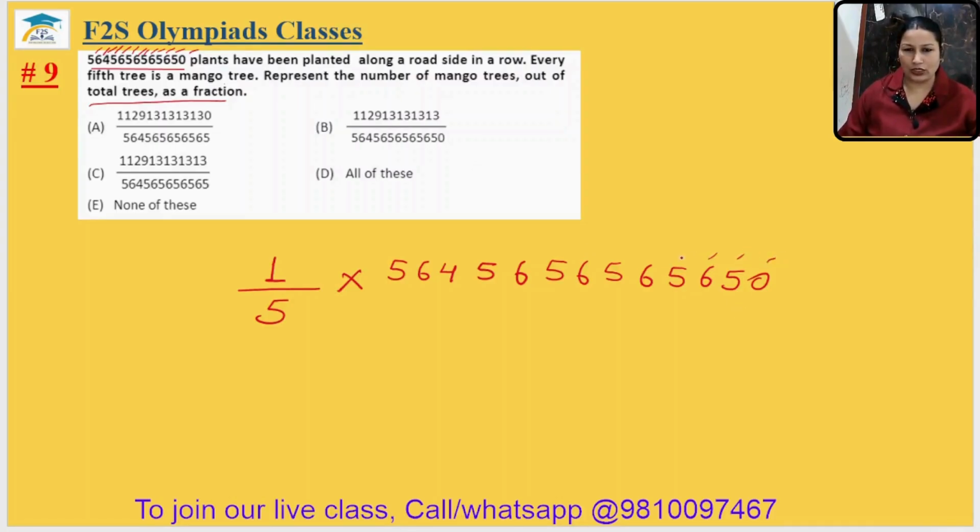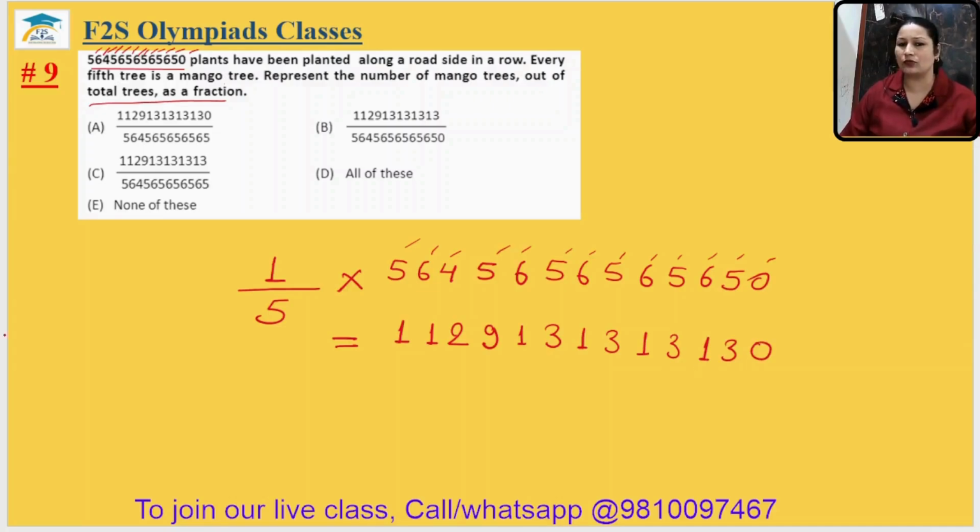Yes. Now we divide it by 5, so 5 ones are 5, 5 twos are 10, and so on, and then 0.